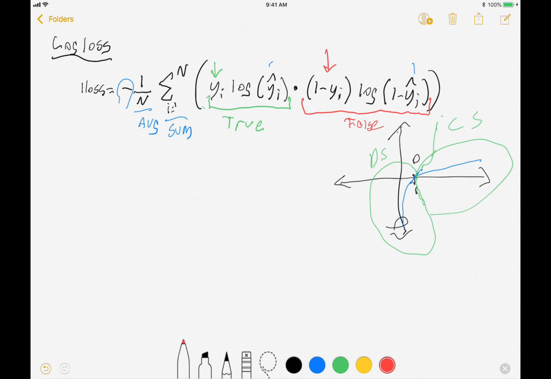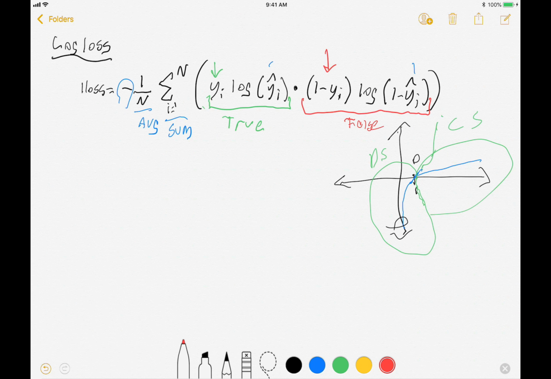So if this really is true, then y sub i is going to be 1. So it won't cancel out. And then the log, ideally, if the real answer is true, you would like y hat to also be true, or 1. If that is the case and you nailed this right on the nose, then log of 1 is 0, so that term will then cancel out.